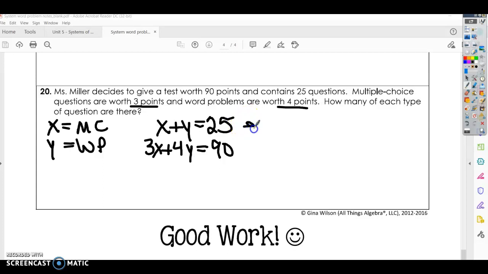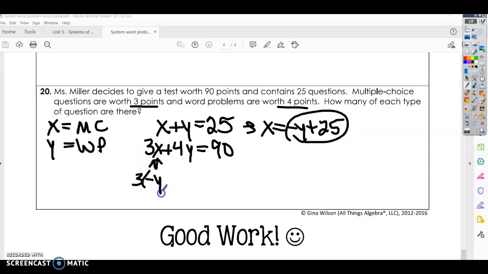This one's set up like before. We can solve for X by saying X equals negative Y plus 25. Take this and plug it in for X in my other equation. So I'm going to have 3 times negative Y plus 25. Bring down my 4Y equals 90.